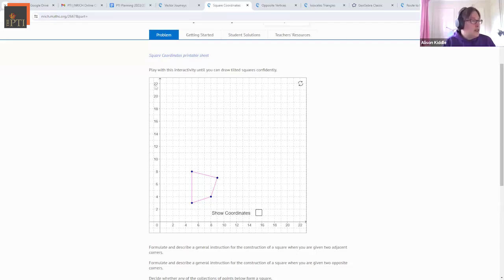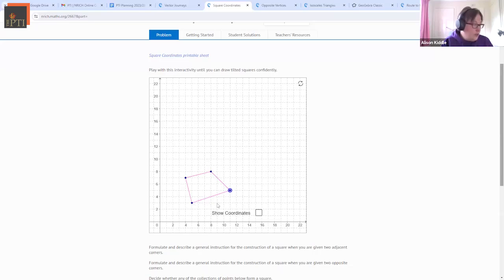This starts off: play with this interactivity until you can draw tilted squares confidently. I feel really confident about this because everything that I've just done in opposite vertices means that I know that if I choose any line for my first line, I'm not going to do something quite so big because then I'll have to count.